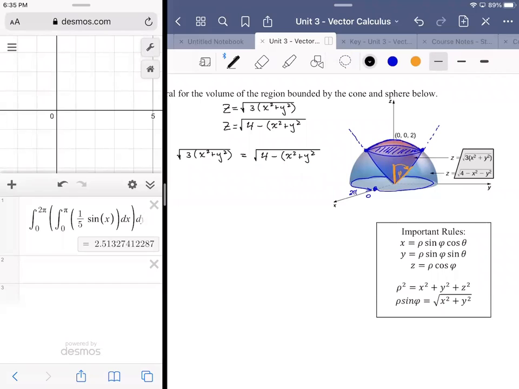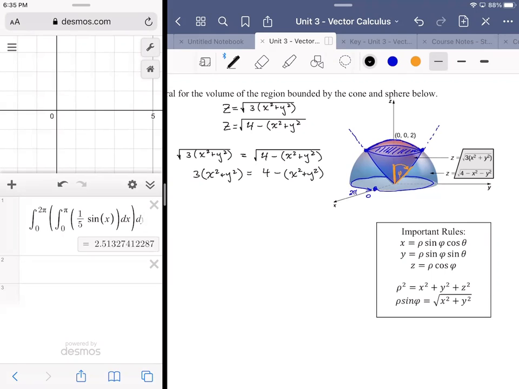So you square both sides: 3 times the quantity x squared plus y squared is equal to 4 minus the quantity x squared plus y squared. I lost the closed parentheses over here, so let me take care of that. We've got a common factor if we bring it all together.